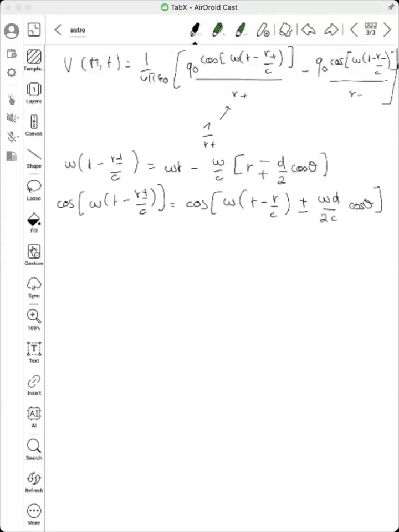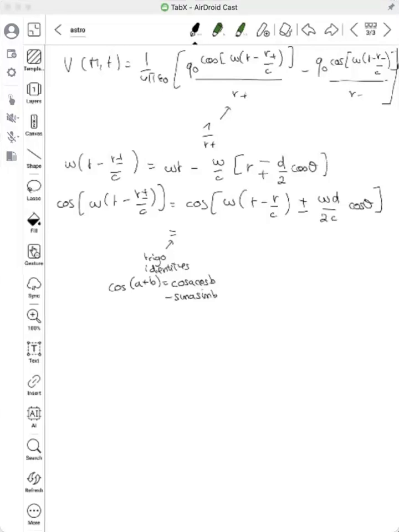Now I'm going to use trigonometric identities, and I'm going to open this cosine. I'm going to use that cosine of A plus B is equal to cos A cos B minus sin A sin B. Okay, so I'm getting that this is cosine of omega (t minus R over c) cosine of omega d over 2c cosine theta, right? I have the cos of a cos. Minus-plus sine of omega (t minus R over c) sine of omega d over 2c cosine theta. Here I have the sine of a cosine. You should really check that you agree in real time.